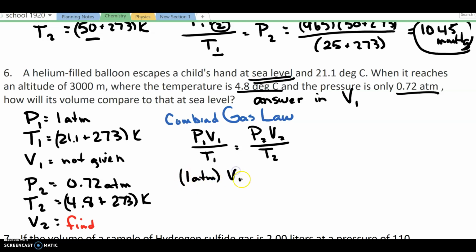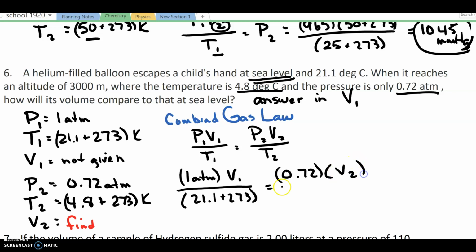My V1, I don't know. My T1, 21.1 plus 273. P2, 0.72 atmospheres. V2, what I'm trying to find. And T2, 4.8 plus 273.